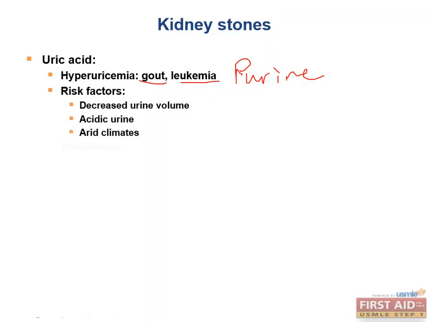These stones are special because they are radiolucent, meaning they can't be seen on X-ray. However, they can be seen with ultrasound or CT. So what's going to be the treatment if a risk factor is acidic urine? Alkalinizing the urine to treat these stones and dissolve up that precipitated uric acid.